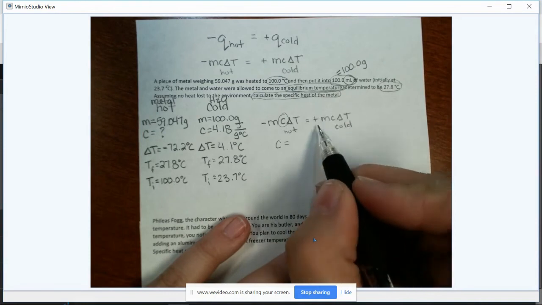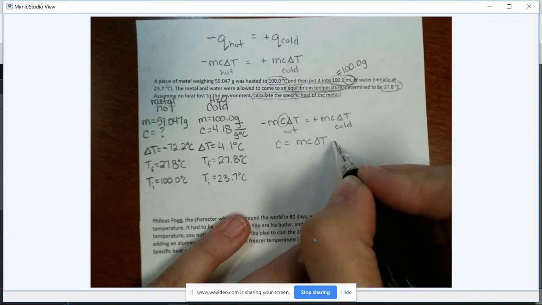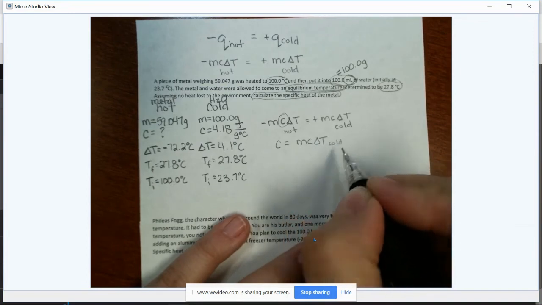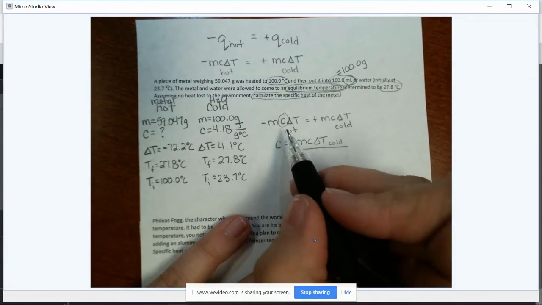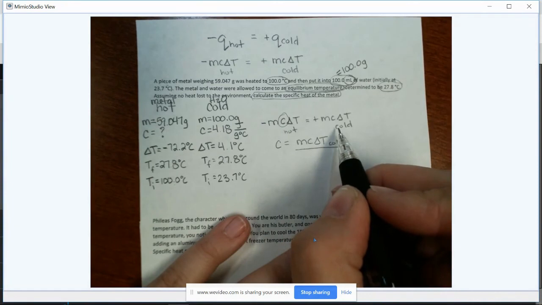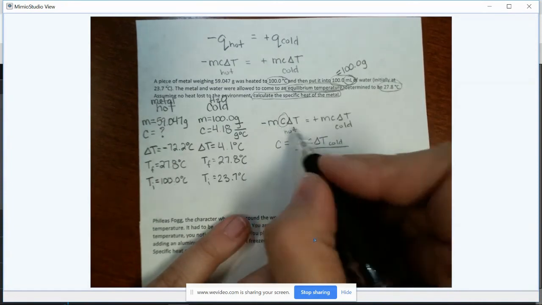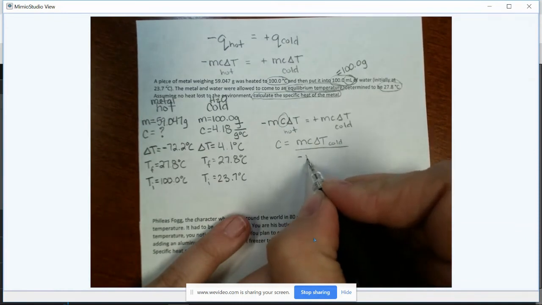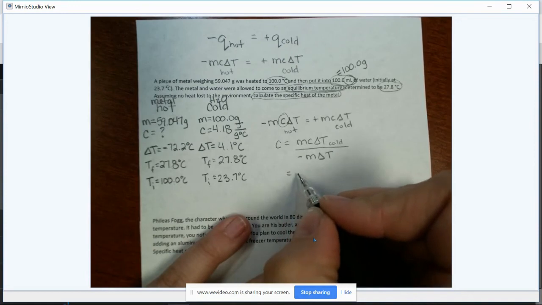This MC delta T of my cold stuff stays the same. But I do need to get M and delta T of the hot side over here with the MC delta T of the cold stuff. So I'm going to move the negative M delta T over to the other side by dividing by negative M delta T. From here, I can plug everything in.